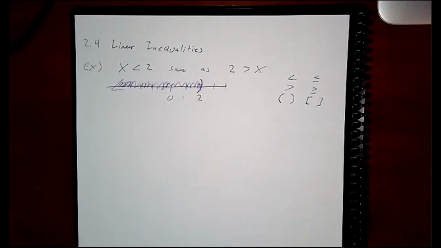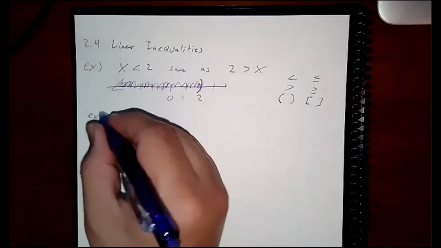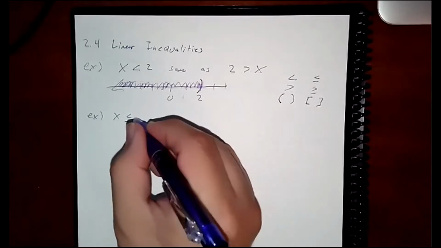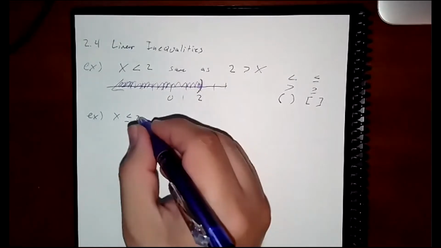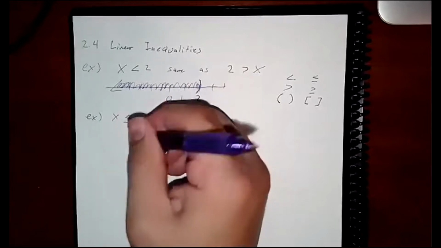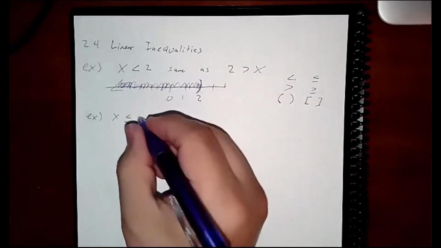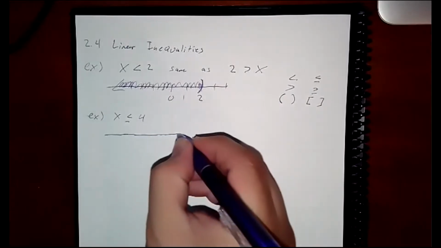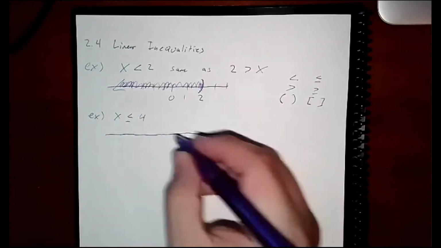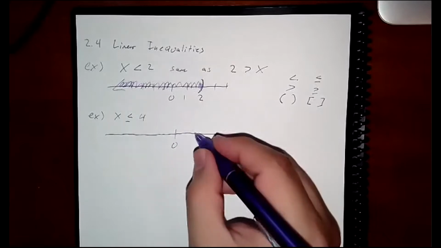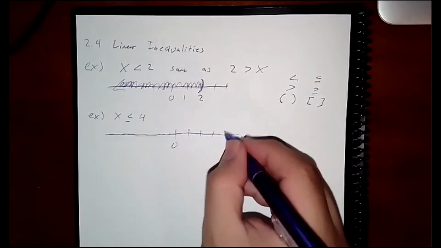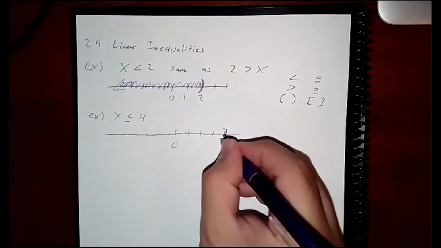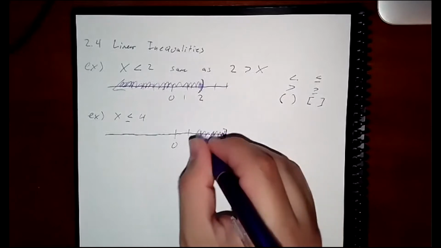Okay. So for example, if you had x is less than or equal to, let's pick a different number for fun, say 4, in one dimension. The graph would be 4, and then you put a bracket here. So I'm including the 4, and then everything below.